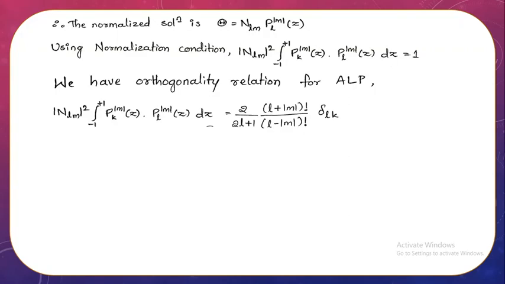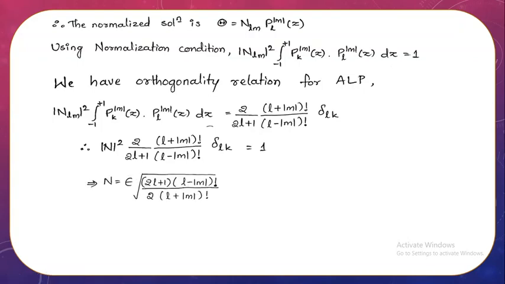This is the orthogonality condition for the associated Legendre polynomial, and we are making use of the same in order to find the normalization constant. We use this orthogonality condition, and the same value is put in the normalization condition. So in place of this integral we write the solution, and it is equated to 1.